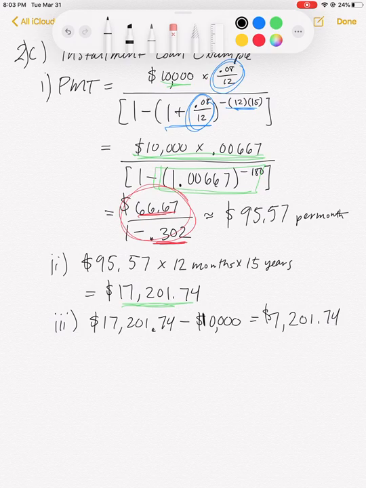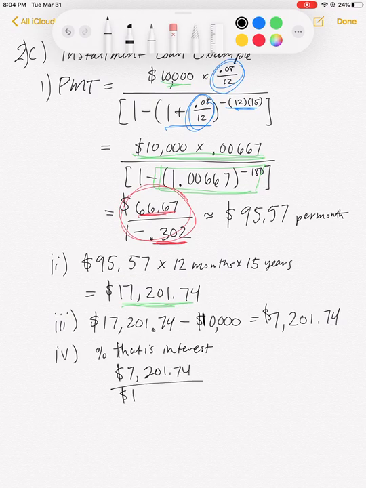Okay, and what we're going to do with this is calculate some percentages. What is the percent of total payment that is interest? So for the percentage that is interest, I take the amount of interest here and divide it by the total payment that I will make.